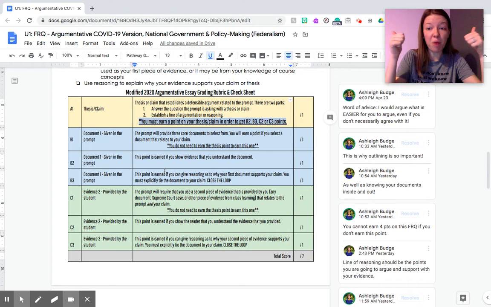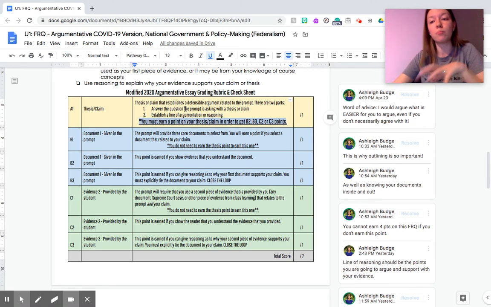Even if it's bomb and it's killer, you do not get that point if you do not get your claim. Same thing with your second piece of evidence. If you rock your second piece of evidence, but you did not give your claim or a line of reasoning, you don't get those points. So you absolutely have to get that claim point in order to get as many points as possible.